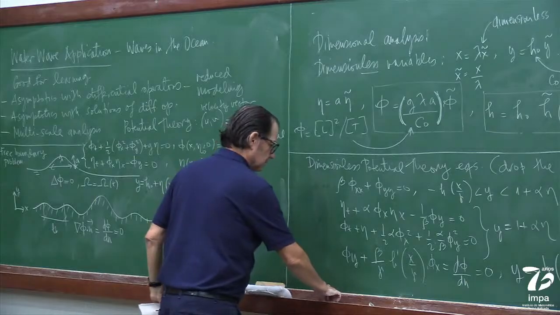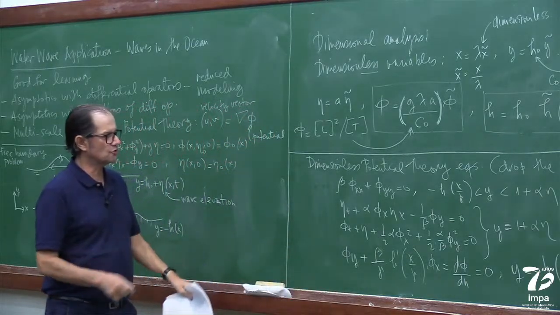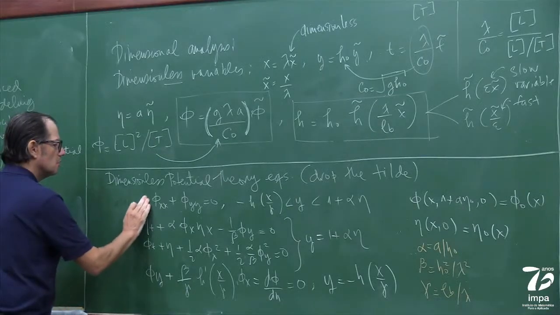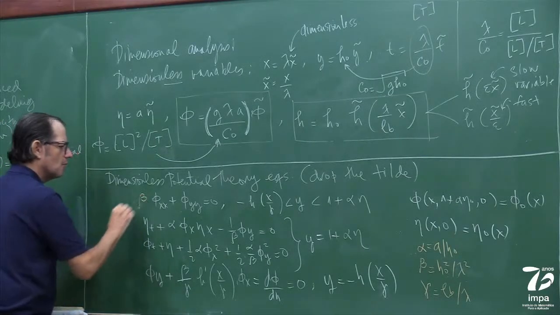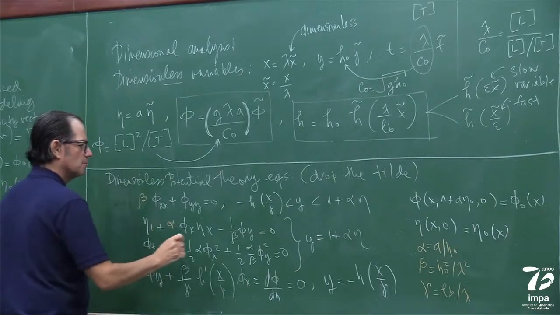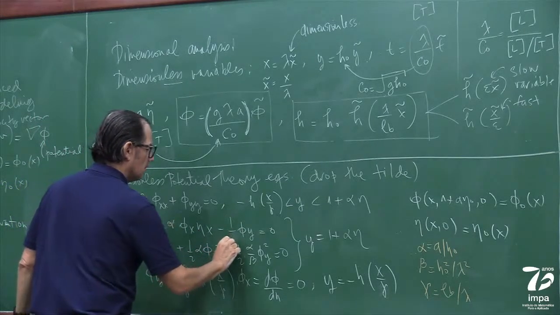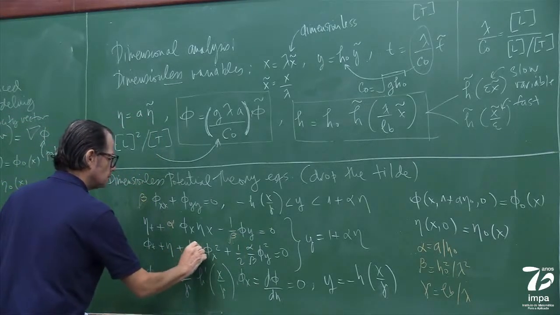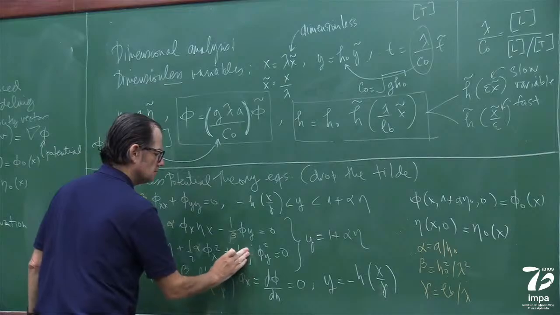Okay, and now, since I didn't want to change chalks, let me change chalks now to make sure I highlight things. Look, I got a beta that came up here. I got an alpha that came up here. A beta here. Alpha.